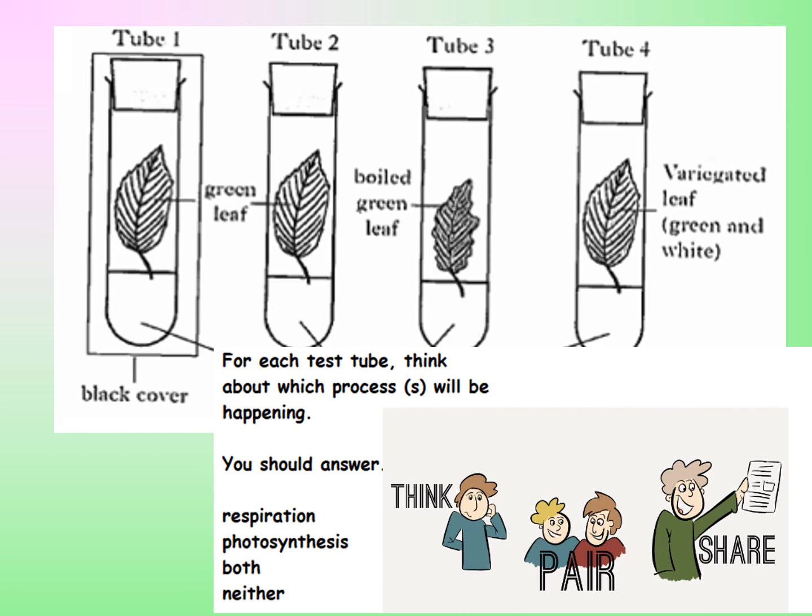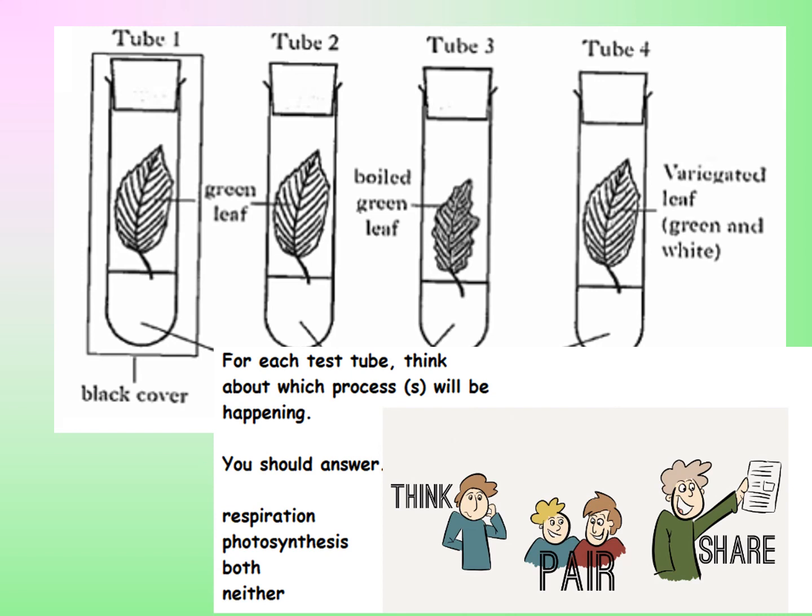Now, I should say that every single tube contains water. So tube 1, we've got the test tube and a black cover. What processes do you think will be happening? So let's think about photosynthesis. Can photosynthesis happen in the dark? What do we need for photosynthesis?